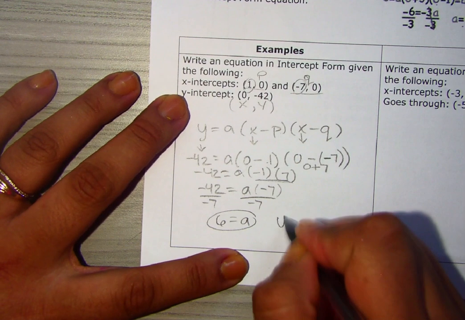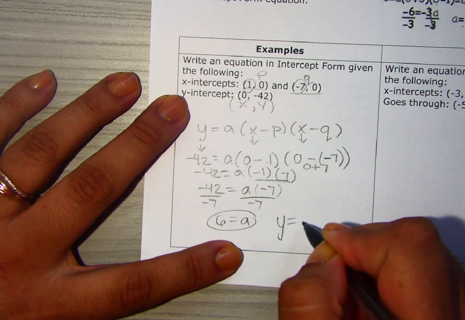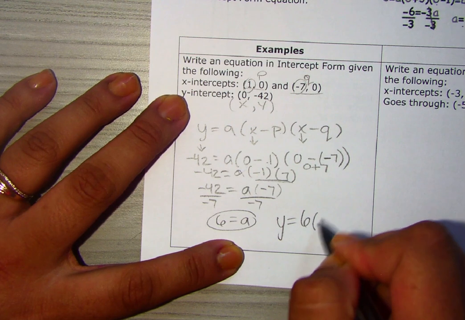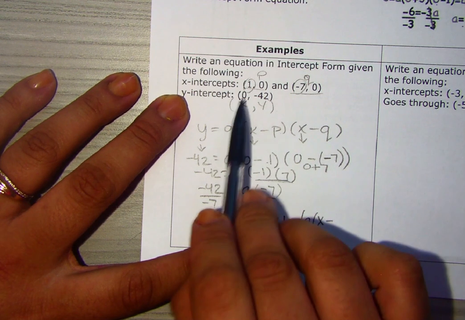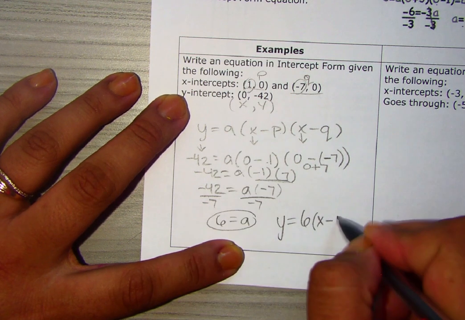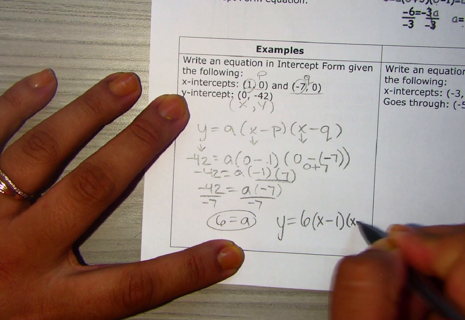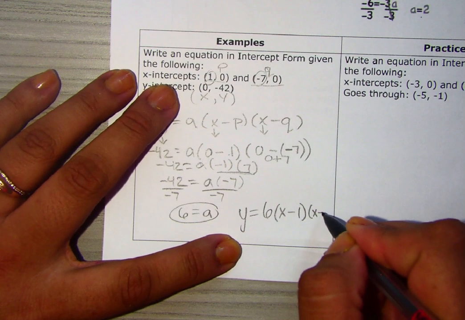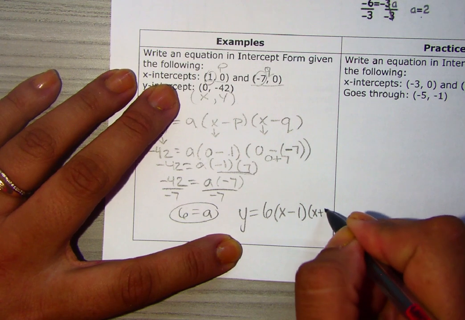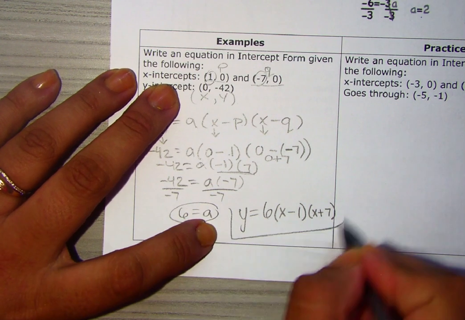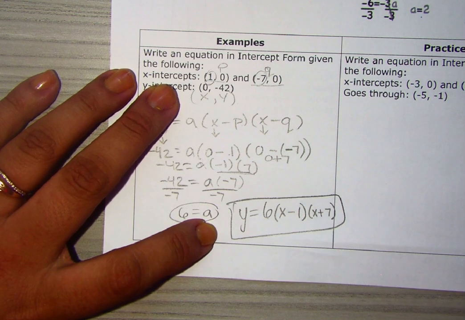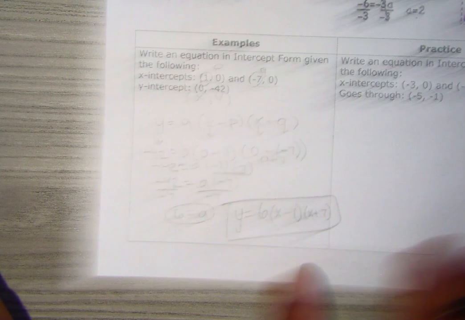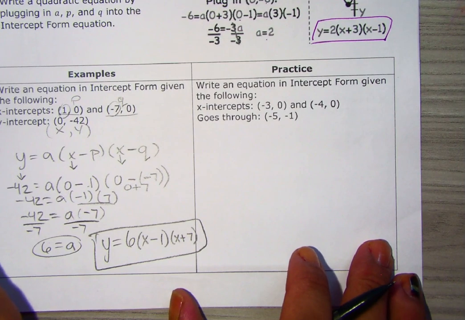So we end up writing the final equation by writing y equals the a value, which is 6, parentheses, x minus your p value, which is 1, and then x minus your q value, which is negative 7. So if it's negative, we're going to have minus negative, which results in plus. So this ends up being your final intercept form equation. Okay, pause the video so you can try the next problem, and press play when you're ready to watch.